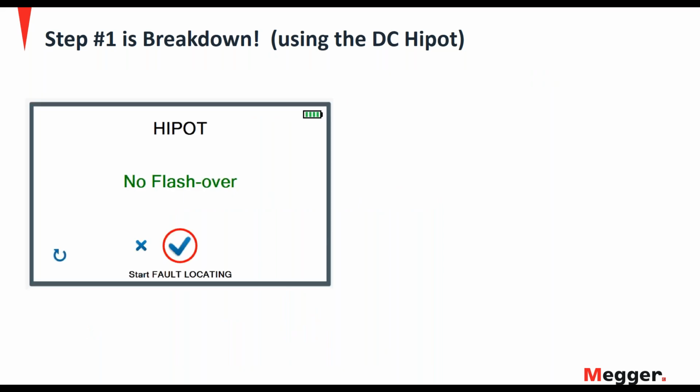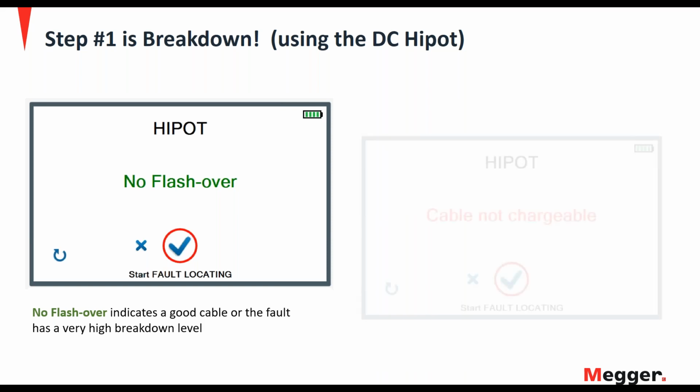But before we do that, let's look at a couple other messages you might get. You could get a message at the end of a breakdown test that says no flashover. And that could indicate that you're on a good cable. It shouldn't happen, but sometimes a cable might be mistagged or something. So the no flashover doesn't guarantee that you have a good cable, but it's a strong clue that your cable's not faulted.